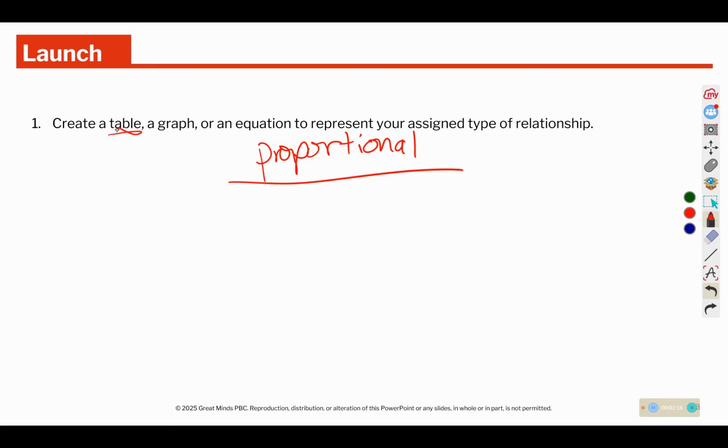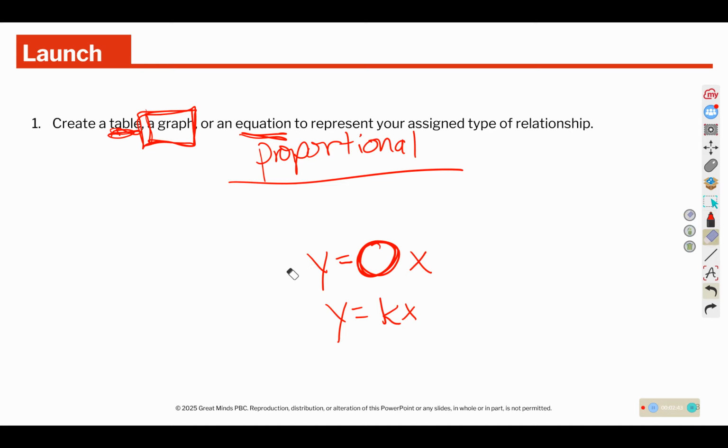You can create a table that has a constant rate, a graph that is a straight line through the origin, or an equation in the form y equals whatever that constant of proportionality is times x. A lot of times people refer to that constant of proportionality with the variable k. So you can pick a number for your constant of proportionality and fill it in to write an equation.